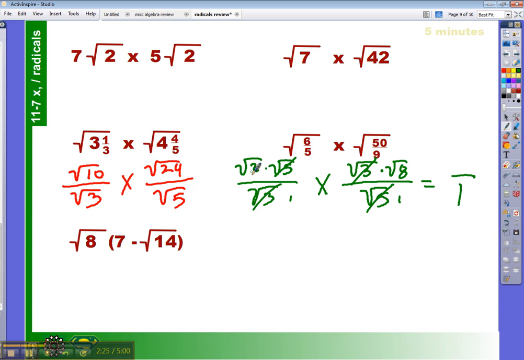Then we have the square root of 2 times the square root of 8, which is the square root of 16. That's 4. So the answer to this whole problem is just 4. See how easy it was when you could cancel things out?